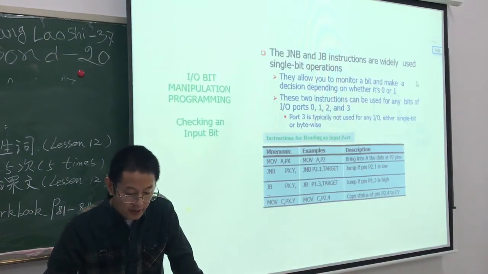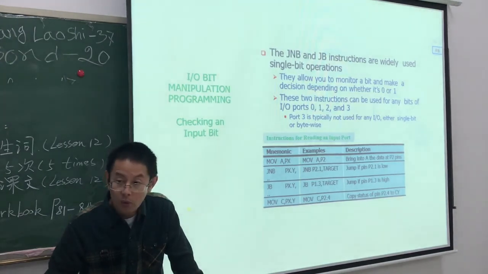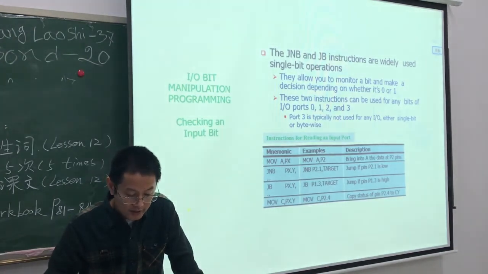The JNB and the JB instructions are widely used in single bit operation. They allow you to monitor a bit and make a decision depending on whether it is 0 or 1. These two instructions can be used for any bit of the I/O ports.